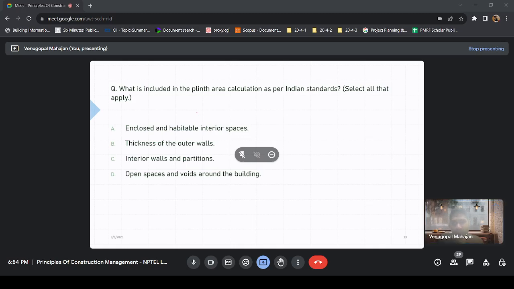B. Okay, so enclosed and habitable interior spaces are definitely included. Thickness of the outer walls, included. Interior walls and partitions, included. What about open spaces and voids around the building? D is not included. Not included.